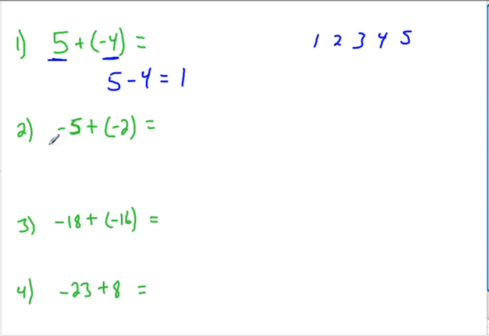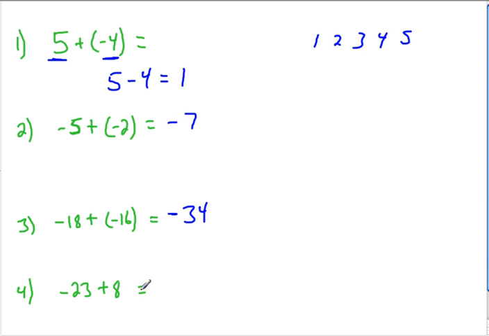Now number 2 on the practice, this is like ones we did earlier. Remember, when they have the same sign, it's easy. You just do 5 plus 2, and since they're both negative, it's negative. Same thing with number 3. 18 plus 16 is 34, but since they're both negative, this is negative.